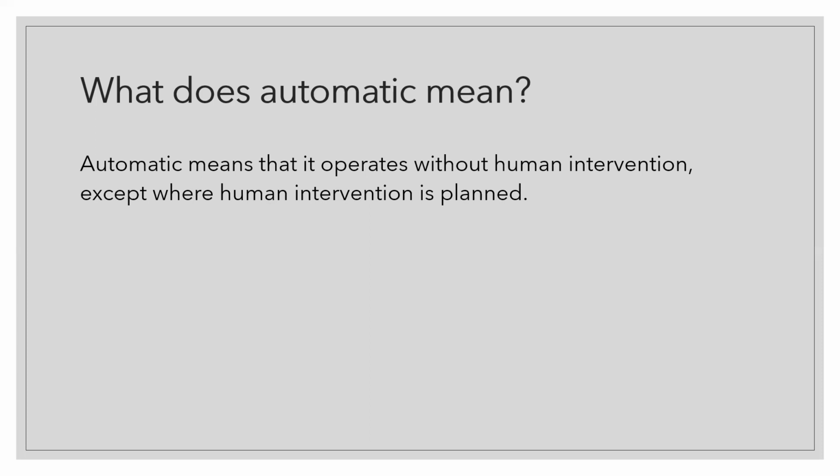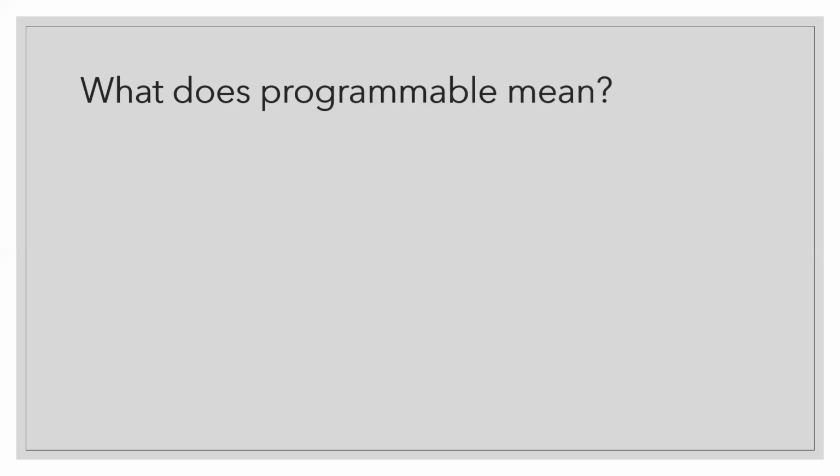Did you see the movie Robot 2, or any other science fiction movies? You will find different kinds of machines or robots like this. They are working by themselves without any human intervention, so they are called automatic. And then the next question, what does programmable mean?